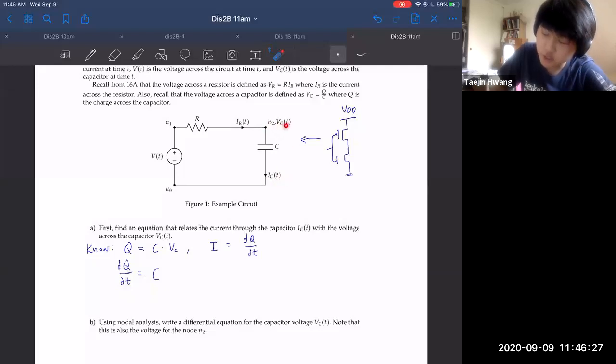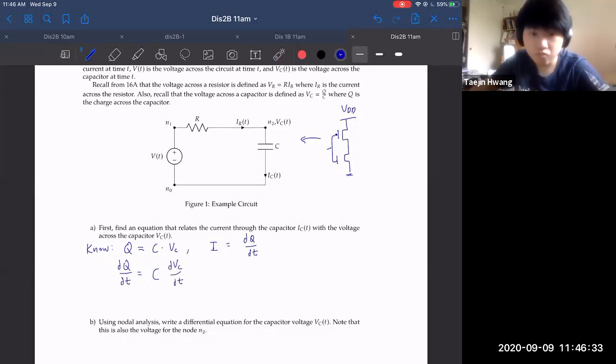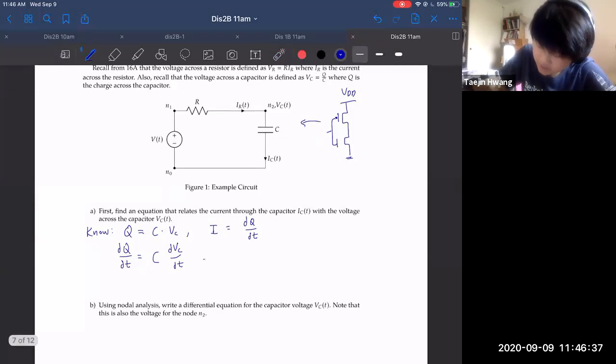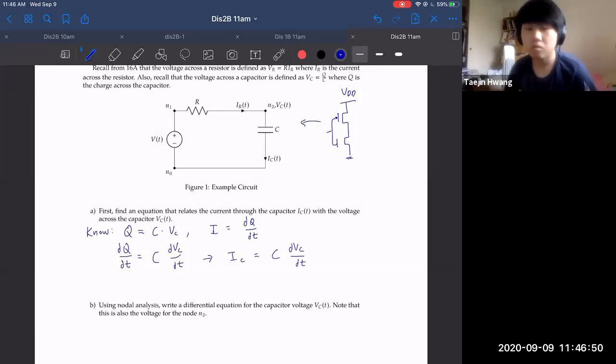It's some variable voltage. So it's going to be equal to C dVC/dt. And lastly, we can use the fact that I is equal to dQ/dt and plug that in here. So IC is equal to C dVC/dt. Okay. Do we have any questions about part A?